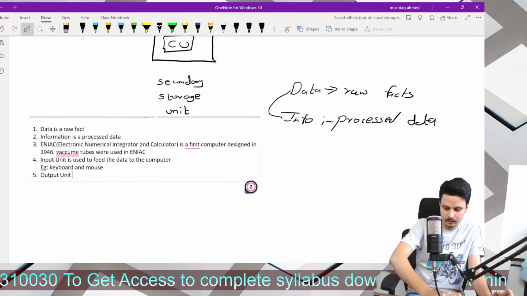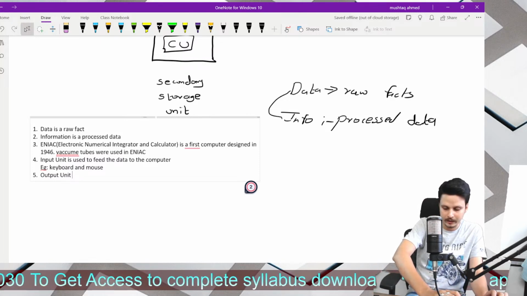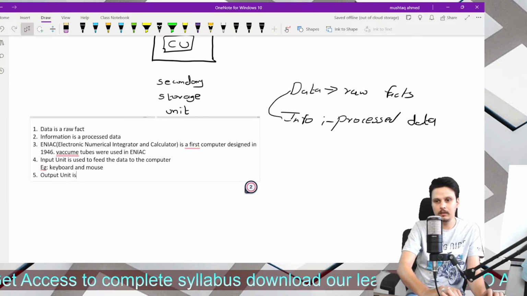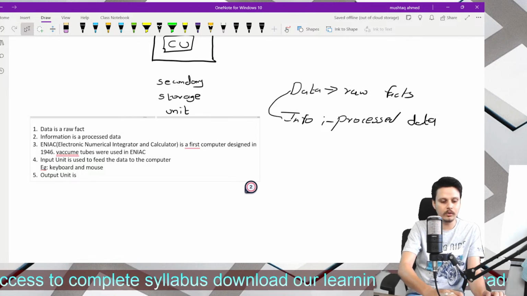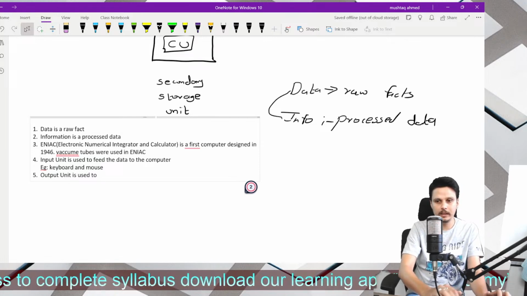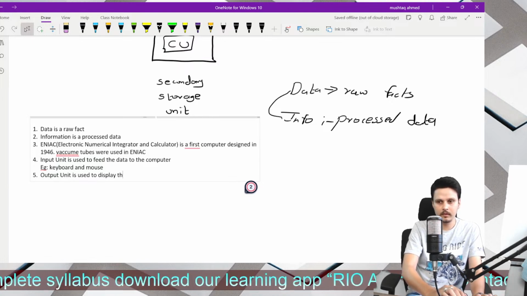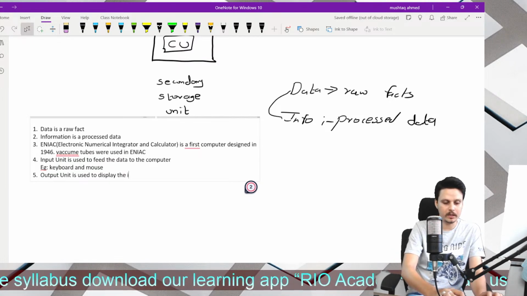Output unit is the unit that produces information, or output unit is used to display the information.